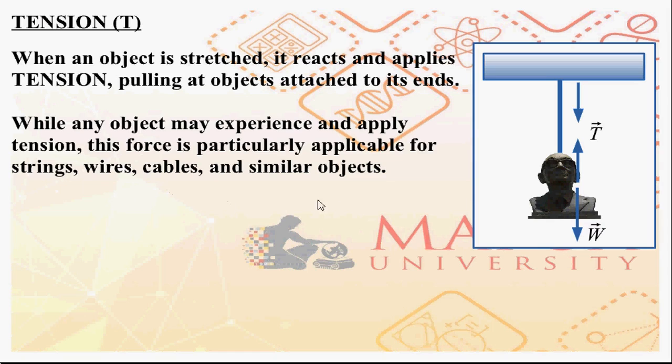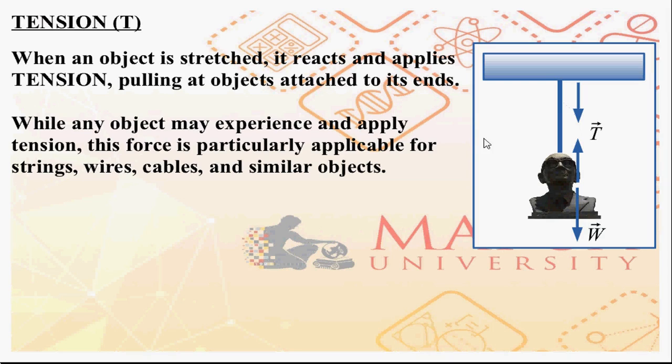For example, you have a rope attached to, say, the ceiling, and an object is suspended from the rope. Because of the weight of the object, the rope is being stretched. The rope will react by producing tension.